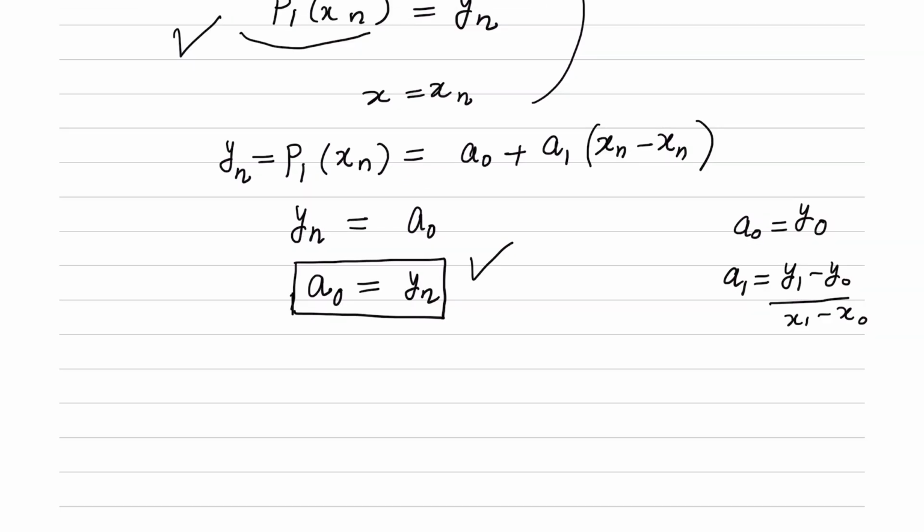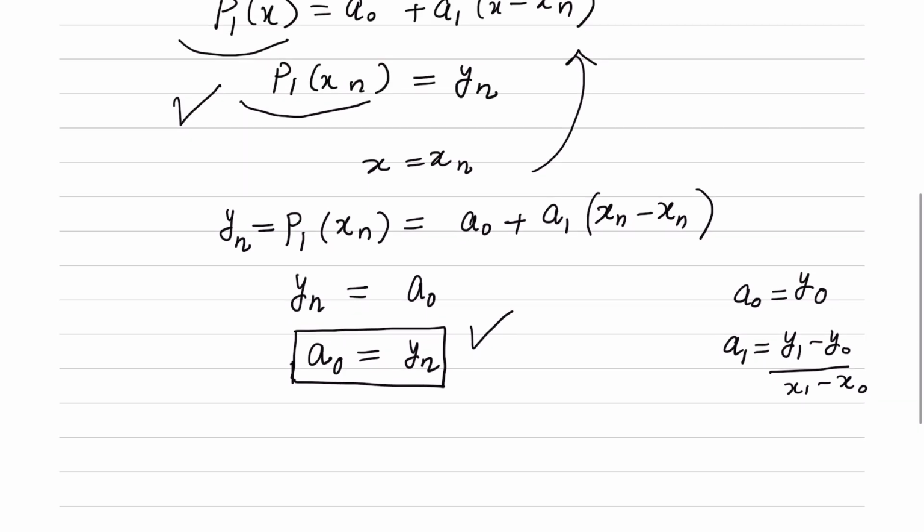And a1 was y1 minus y0 over x1 minus x0, both for the forward difference operator and the divided difference operator. We are going to see what we get for a1 for the polynomial in backward difference operator form.